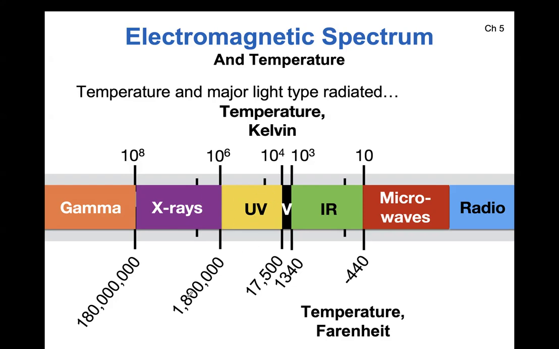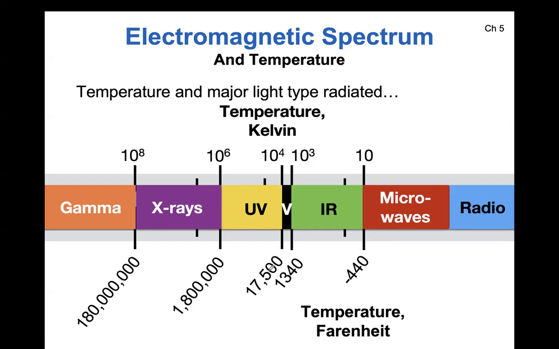UV, you can see anything that has a surface temperature between 1,800,000 Kelvin and 17,500 Kelvin would be glowing with a peak wavelength that's UV. Well, the upper end is pretty extreme, but the lower end falls into certain types of stars.